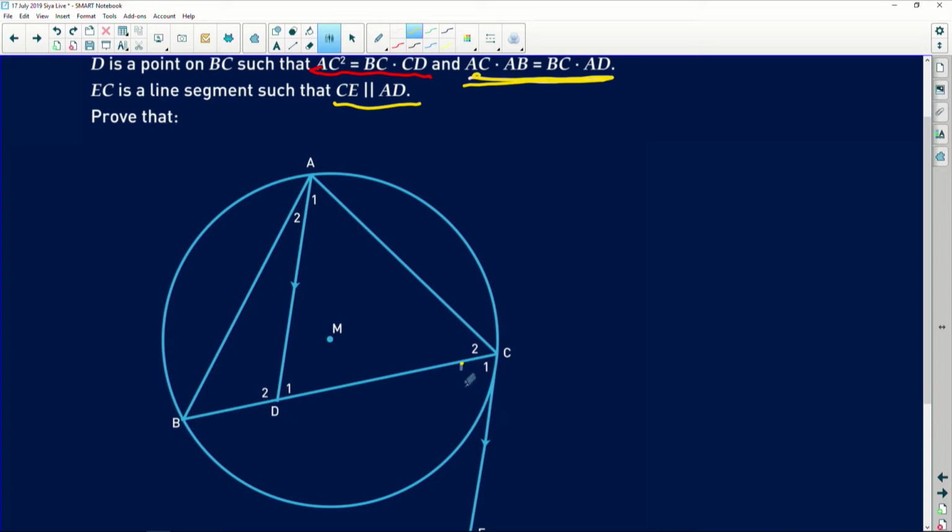So this angle here will be equal to that angle there, and the reason for that will be alternate angles. So that's what I have so far. I can't really talk about co-interior angles, it really serves no purpose in this particular question.